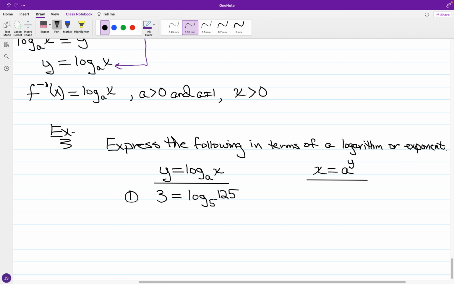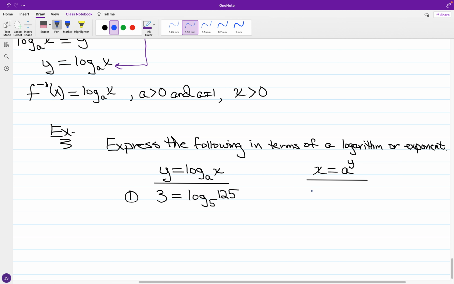You might run into it in terms of some conversions where you might have the base a log of the expression on the left hand side and y on the right, but you can just switch the order and create the pathway to converting in terms of an exponent. So we have in the layout, y at 3, a at 5, x at 125, and maintaining the consistency over into the exponential conversion.